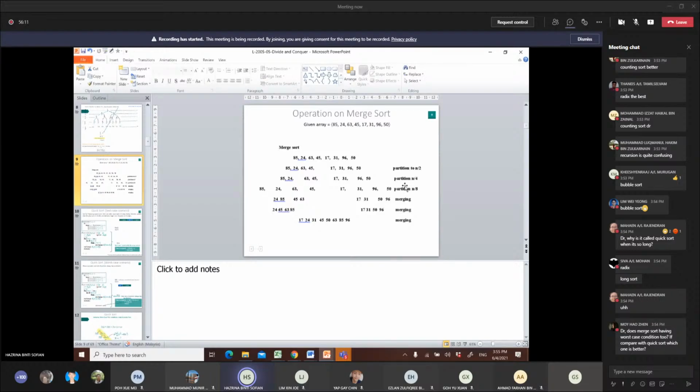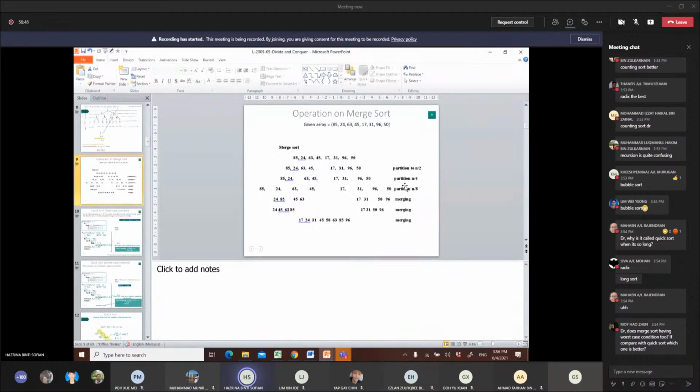When we talk about best case or worst case, there are two things that we can think about. One is the condition of the input. Let's say the condition of the input is 100% sorted. Then it can be the best case because we do not need to do the swapping. Or the worst case can be the opposite of that.